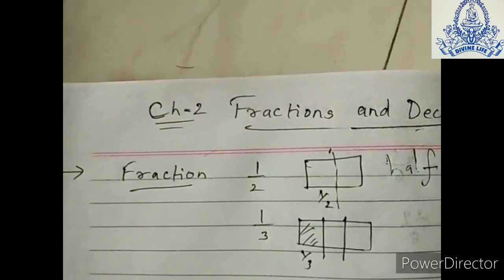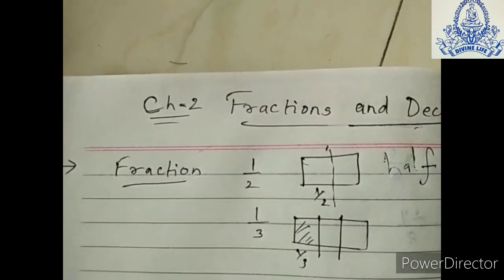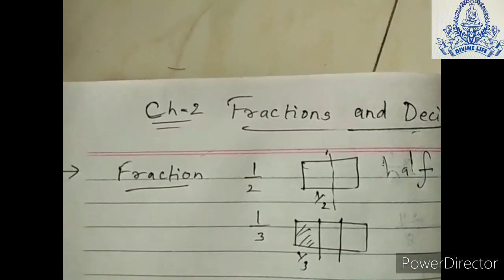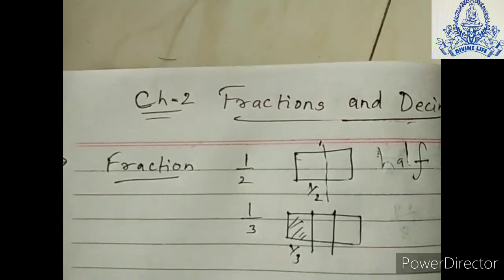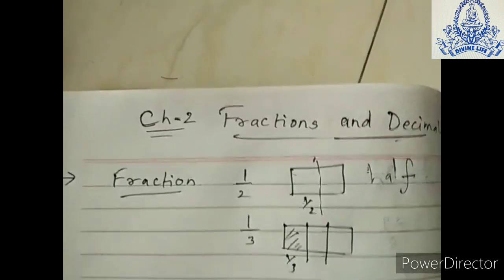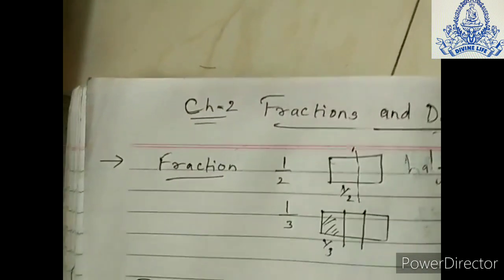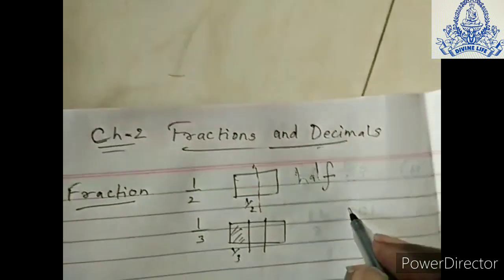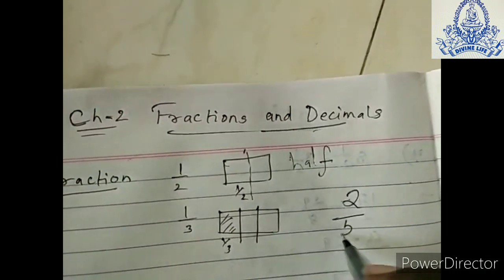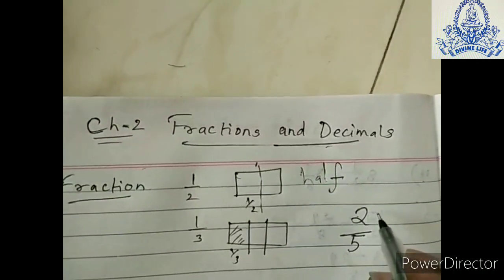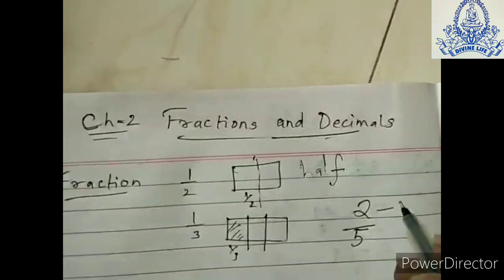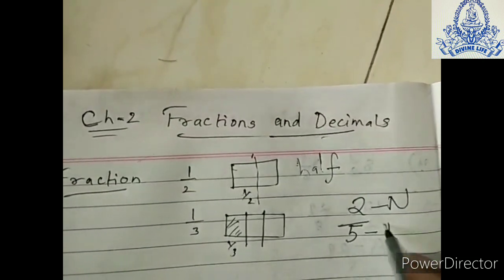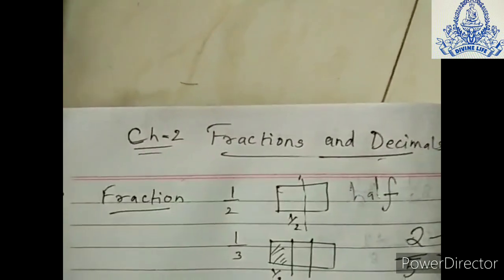A fraction means a number written in a ratio form, that is known as numerator and denominator form. Now what is a numerator and what is a denominator? The upper number, suppose if we take 2 upon 5, here 2 is the numerator and 5 is the denominator, right?